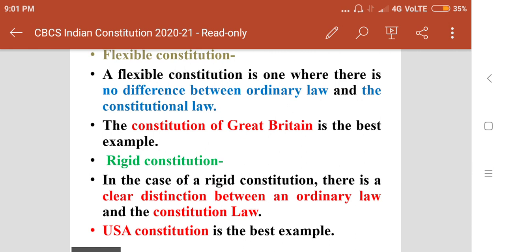It is possible for the government to provide efficient administration to the state people only with the help of the constitution. So this is the information about the meaning and importance of the constitution.